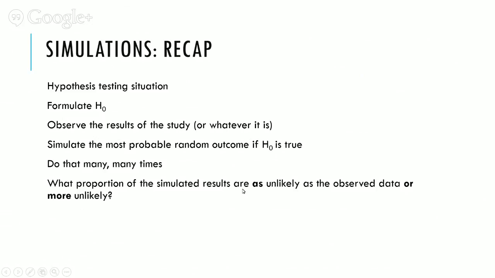What proportion of the simulated results are as unlikely as the observed data that we found, or more unlikely? So you just count the number of times your data or something more extreme happened in your simulated results, and you turn that into a percentage or proportion, and that's your p-value. That's your simulated p-value, and it tends to be pretty accurate if you specify things correctly. The end.